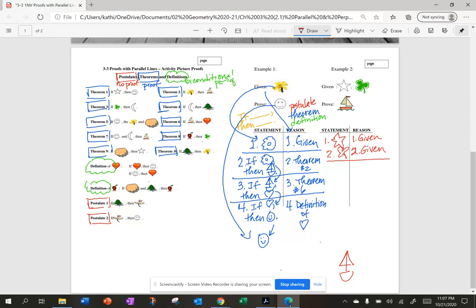And I'm trying to get a boat. So I'm setting up that if I have a star, so if star, then I can get a smiley face. And that's theorem number 1.